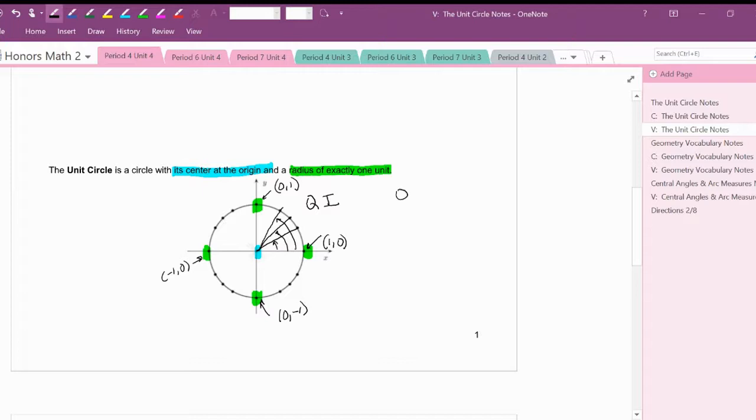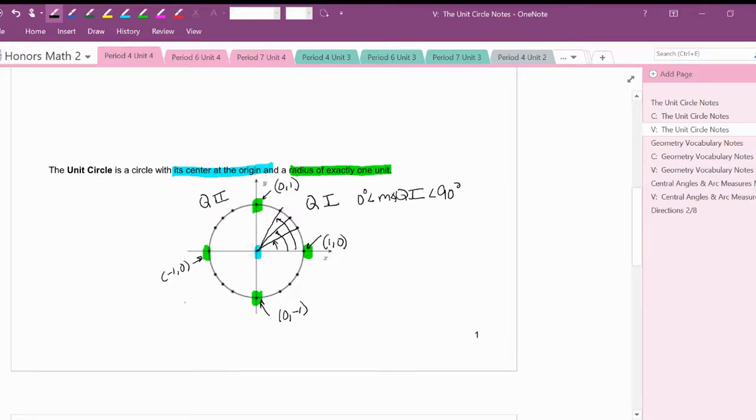And we know from a previous lesson that measures of angles in quadrant 1 are in between 0 and 90 degrees. Then we pass that quadrantal angle of 90, and we're in quadrant 2.